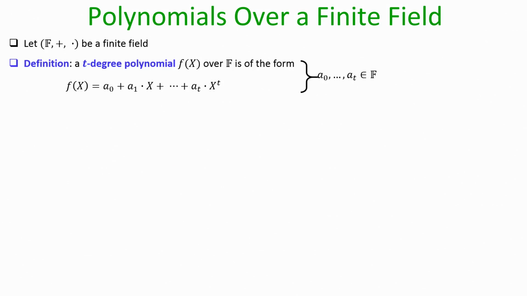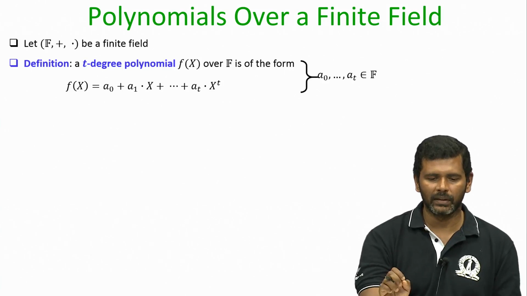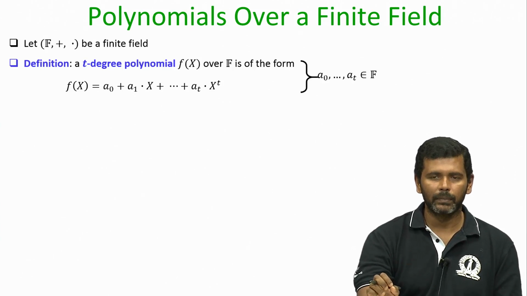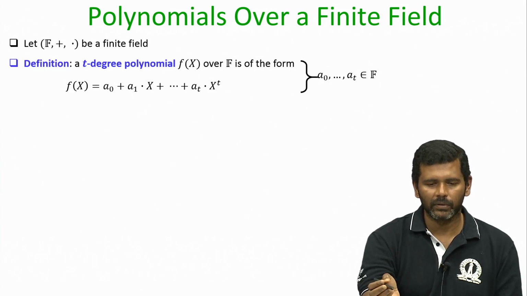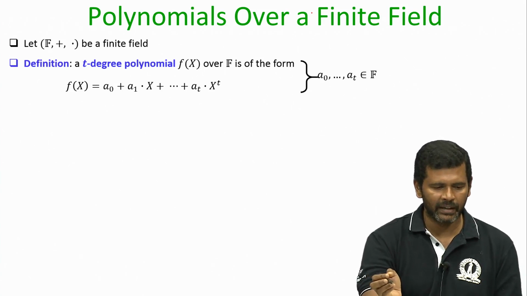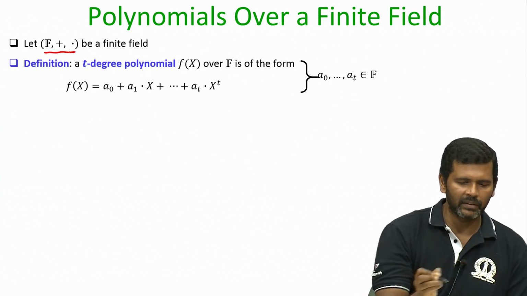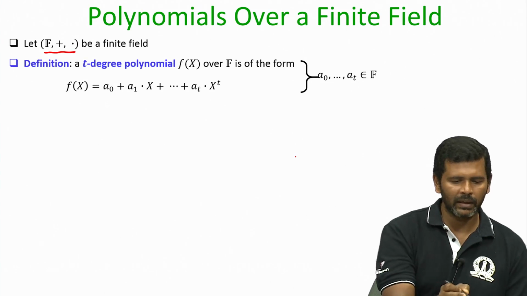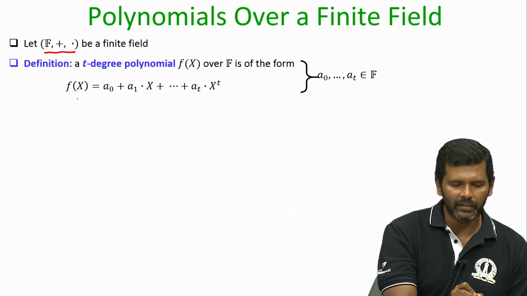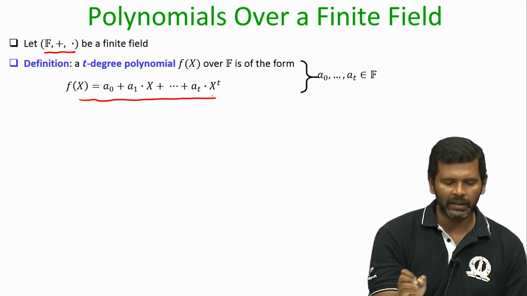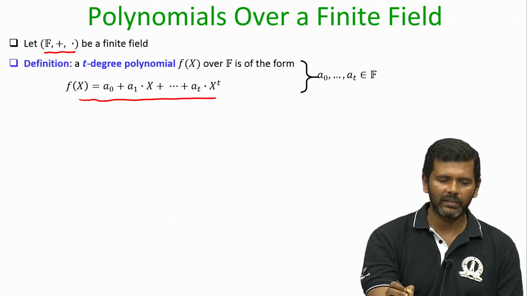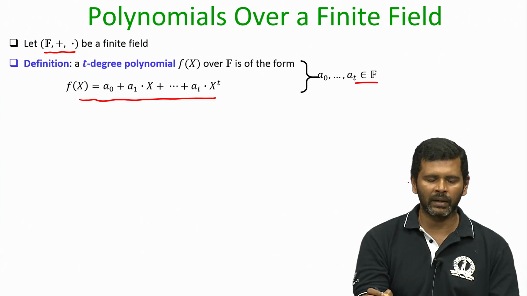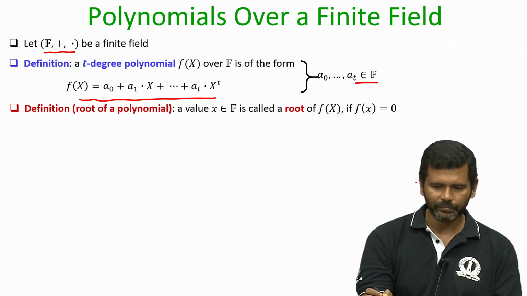So, to understand the actual Shamir secret sharing protocol, let us again recap the concepts regarding polynomials over a finite field. If you are given an abstract finite field with an abstract plus and dot operation, then a polynomial over the field is exactly like a polynomial over the integers, where the difference is that now all the coefficients are from the field and all the plus and dot operations are field operations.